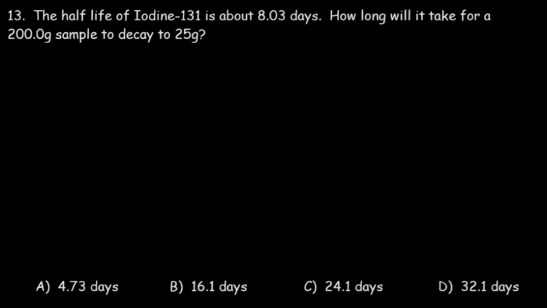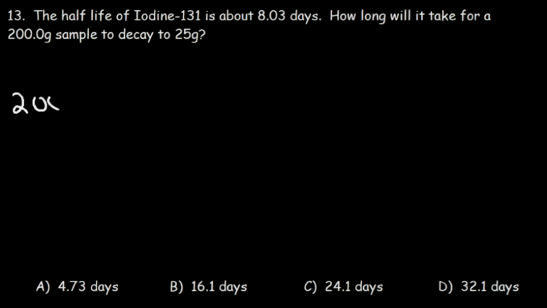Number 13. The half-life of iodine-131 is about 8.03 days. How long will it take for a 200-gram sample to decay to 25? Most decay problems are usually first-order reaction problems, and we can figure out the answer conceptually.